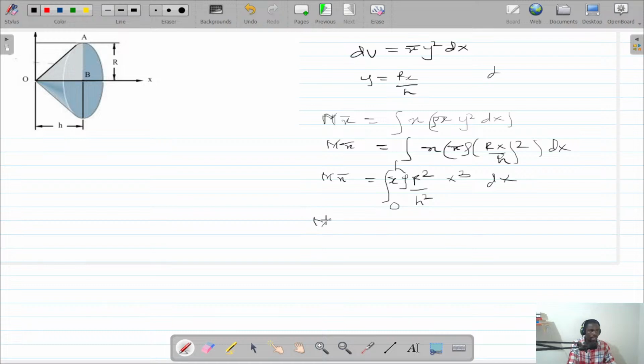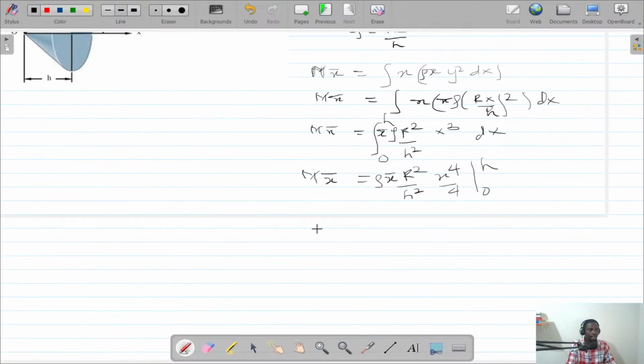If you integrate x power 3, you get x power 4. So we are going to have rho pi r squared over h squared times x power 4 all over 4, and the element is 0 to h.